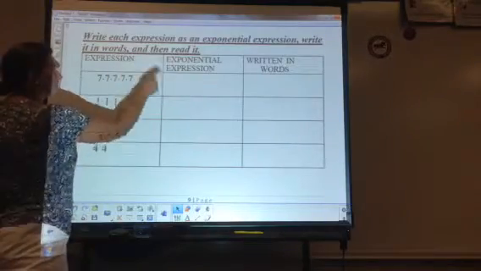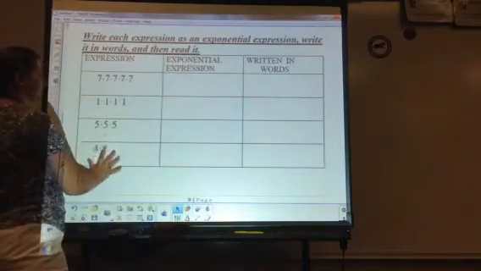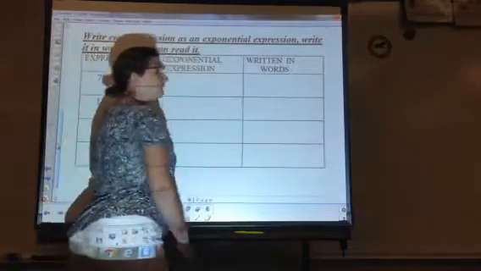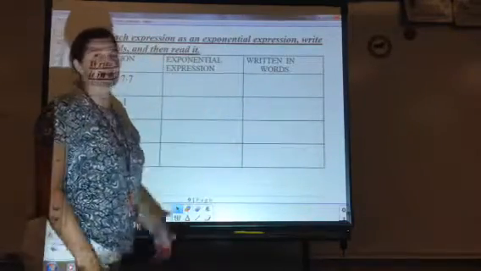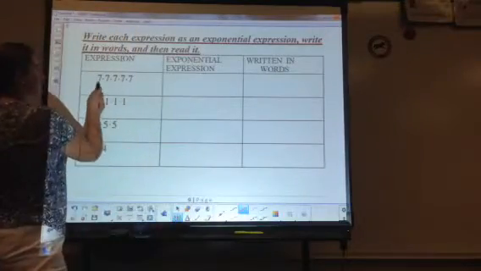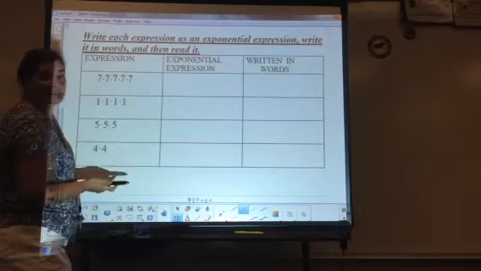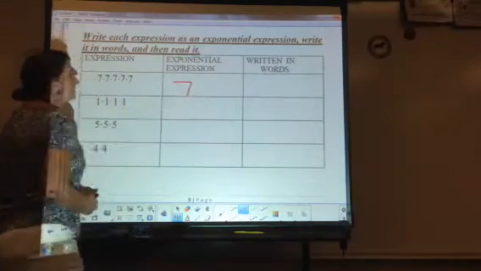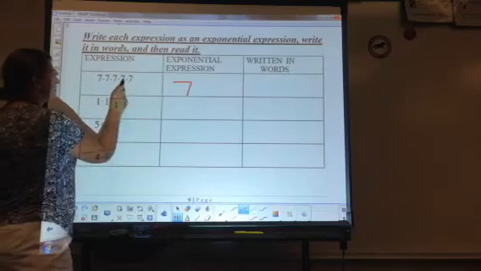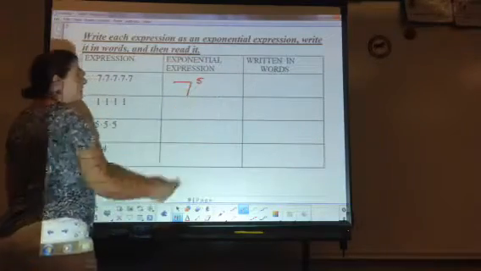At the bottom, you've got 3 different directions. Here's an expression. Write it with an exponent. And then write how you would say it. Words means how would you say that exponent. So here we go. 7 is the base because 7 is doing all the work. So I'm going to write a big 7. How many 7's are being bossed around? 1, 2, 3, 4, 5. 5 is the little guy.